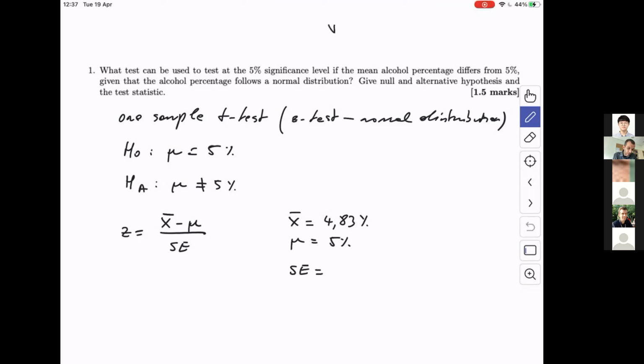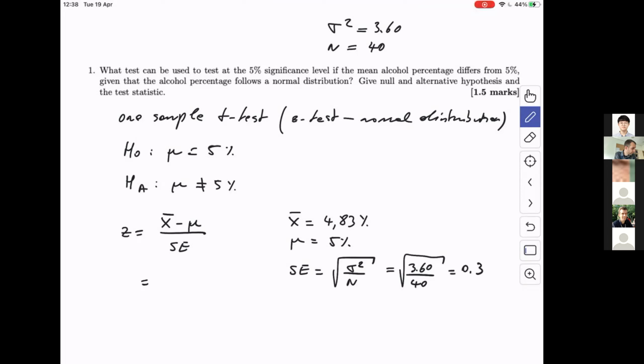I know my variance was 3.60, that is something that I know from the givens. I have 40 beer bottles. So the standard error is going to be the square root of the variance divided by the number of samples. So the square root of 3.60 divided by 40, and that's going to be 0.3.